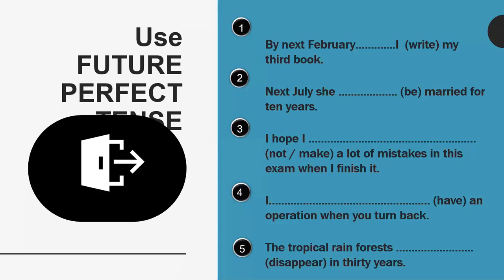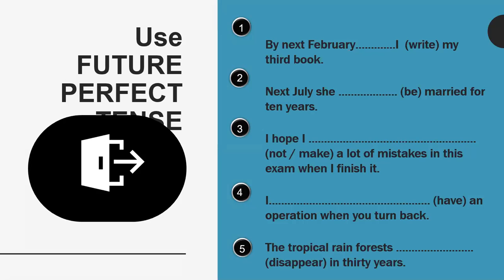I hope I will not have made a lot of mistakes in this exam when I finish it. Once again. I hope I will not have made a lot of mistakes in this exam when I finish it. That's right.